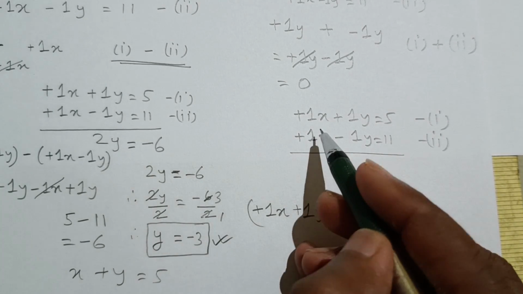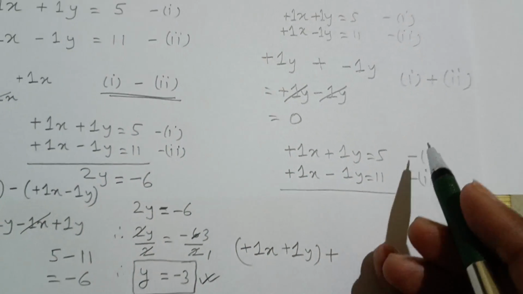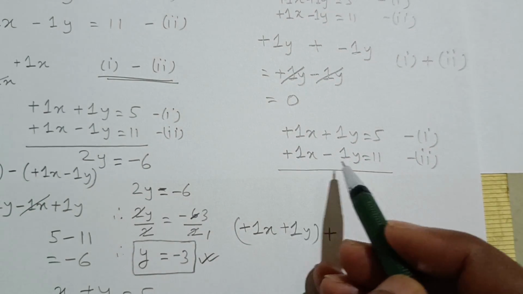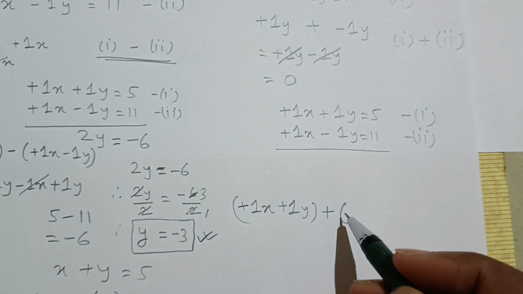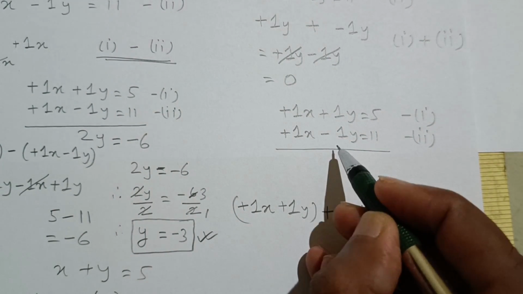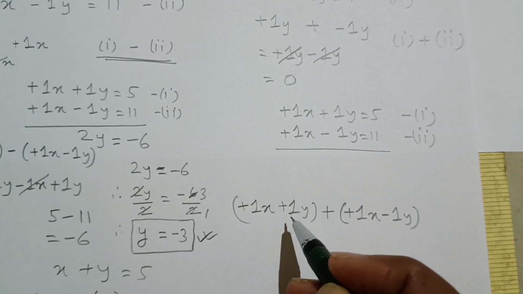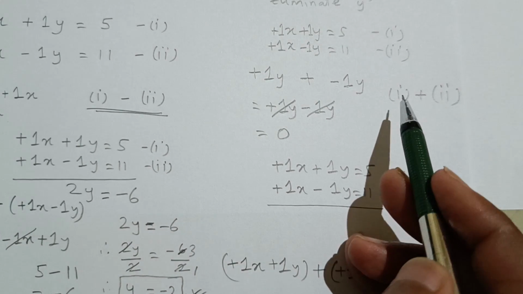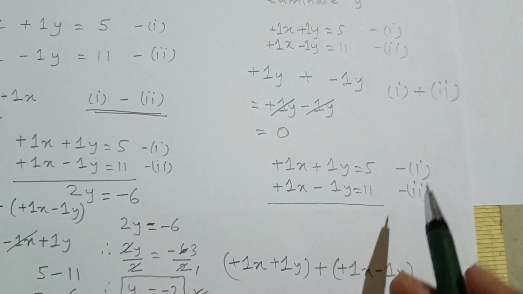This is equation number 1. Plus equation number 2. The left hand side of equation number 2 is this. So plus 1x minus 1y. So equation 1 plus equation 2.